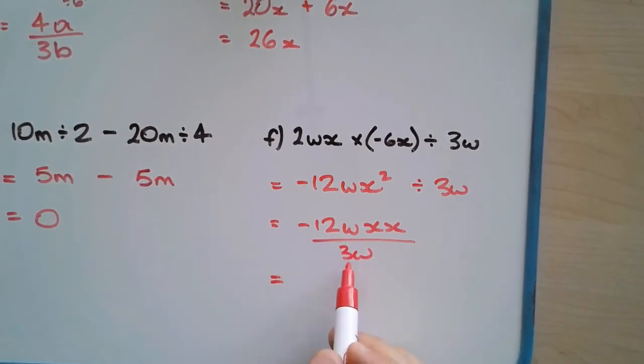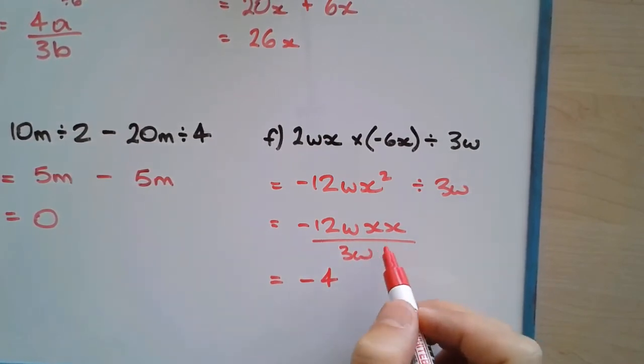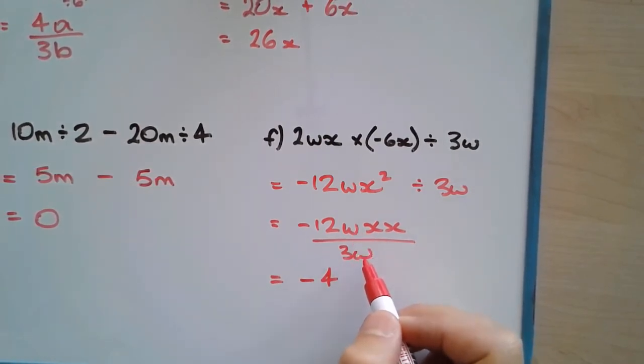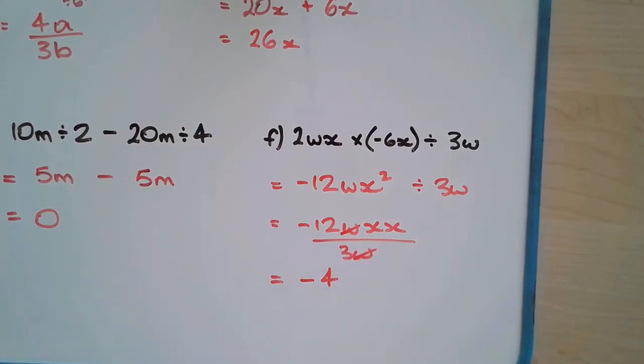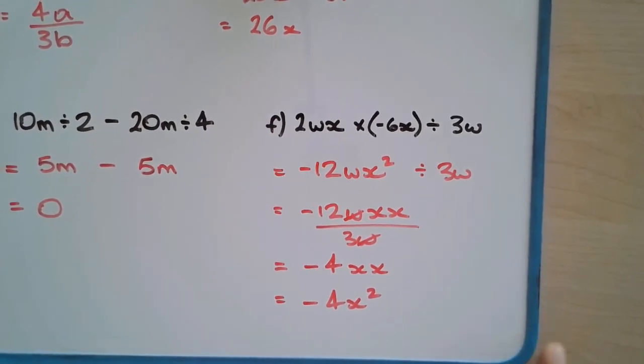Negative 12 divided by 3 is going to give you a whole number, negative 4. Now, the w's get crossed off, so the w's disappear altogether. You're left with xx, so that doesn't change. But rather than writing it like that, we can write it using index form again, bringing it back to squared. So negative 4x squared would be the solution there.